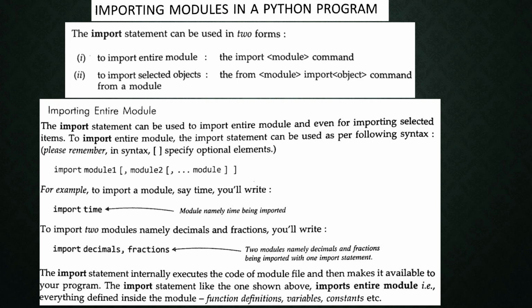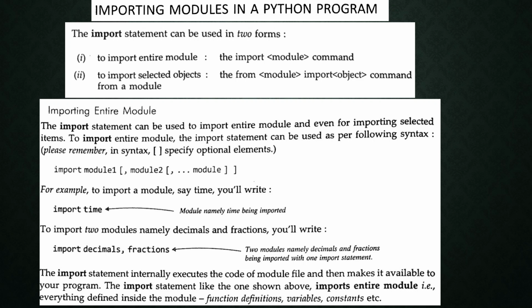To import two modules, namely decimals and fractions, you will have to write import decimals, fractions. The import statement internally executes the code of the module file and then makes it available to your program. Actually, import establishes a link to that particular module file and then makes it available to our program.